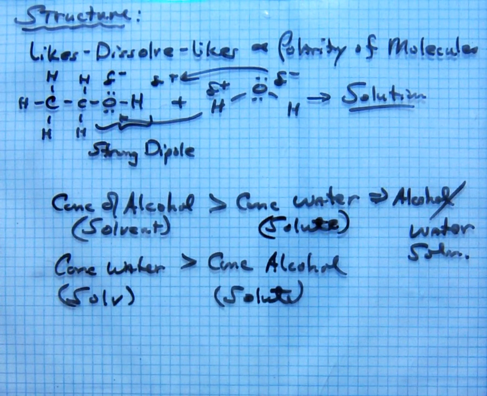So this is pretty easy to understand. When you go to the pharmacy and you buy rubbing alcohol, some of it is delivered at around 30% in solution, and some of it is 95% in solution. Well, wait a minute, 30% in solution would make the alcohol the solute, but 95% in solution would make the water the solute, if you think about it.